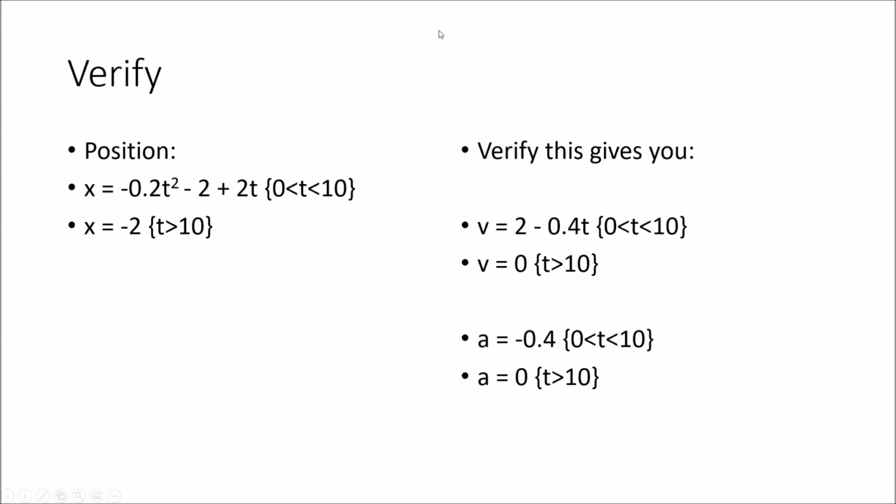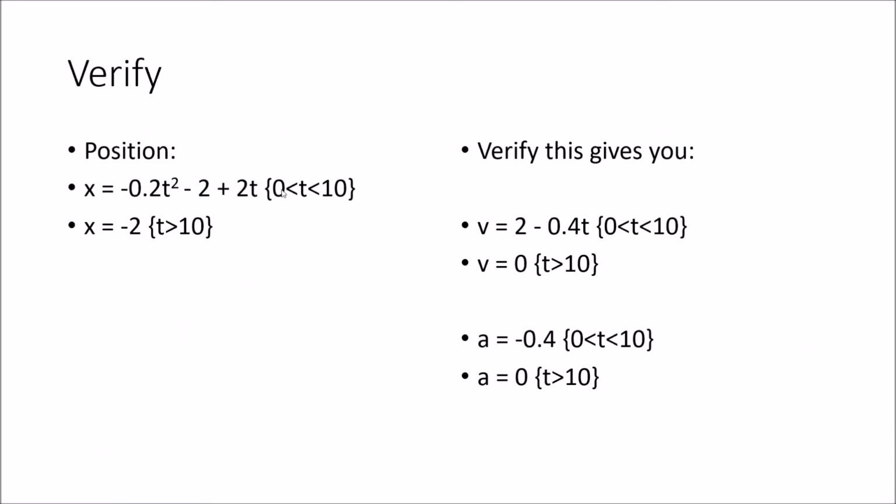We can verify that any of this is actually reasonable. I give you the position function from 0 to 10 seconds and the position function at a time greater than 10 seconds. If you take the derivative of the position function that I used to graph what I had on the previous slide, it gives you this velocity.